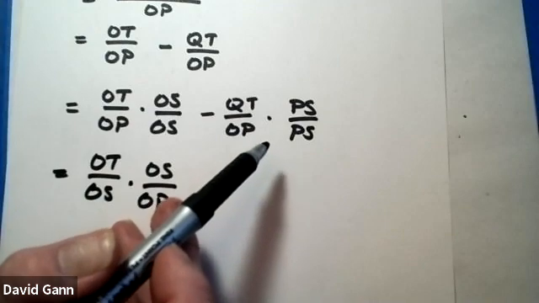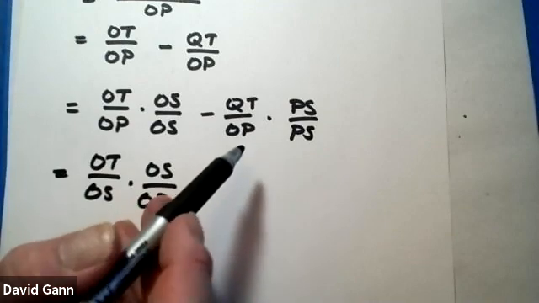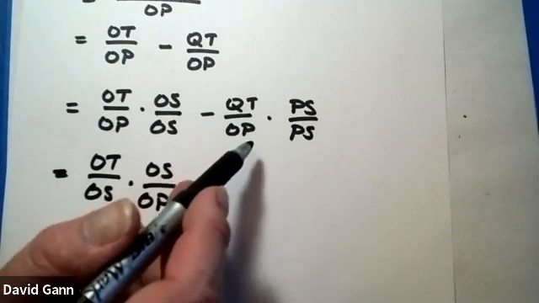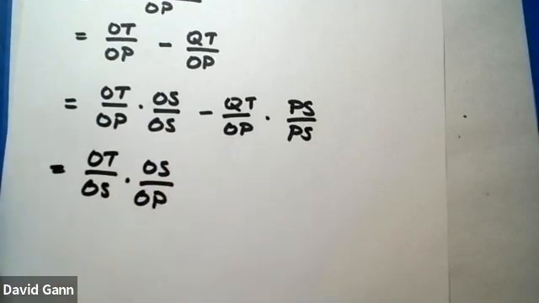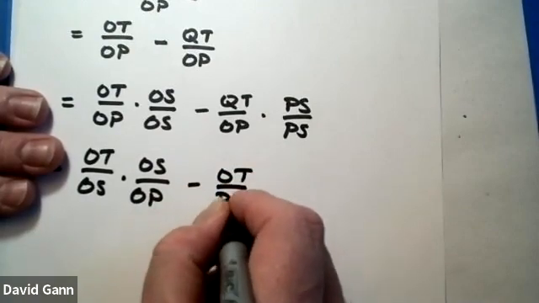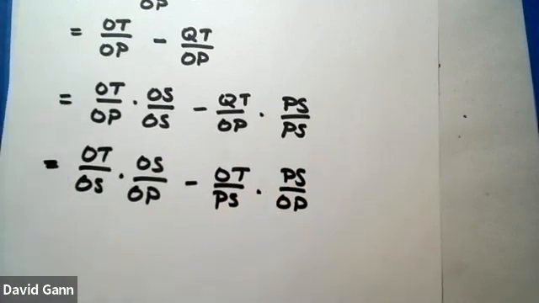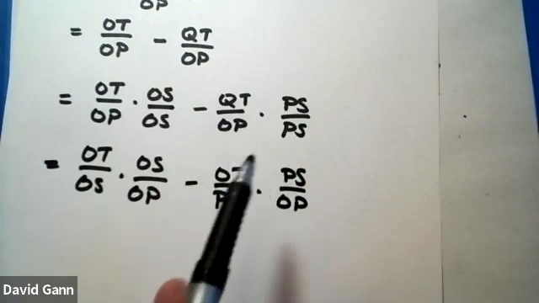Oh, QT. Yeah, I'm going to exchange these right here. So QT over PS times PS over OP. Just a little bit of flip-floppery.